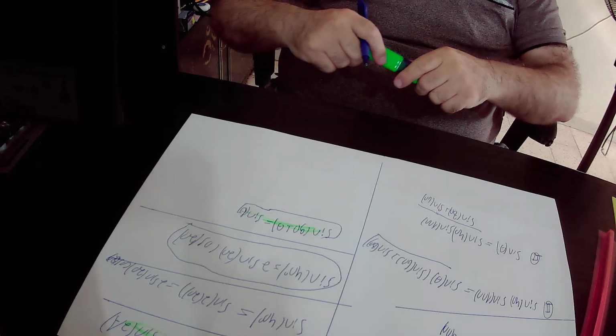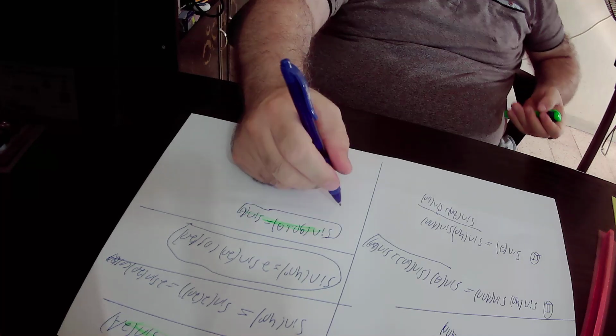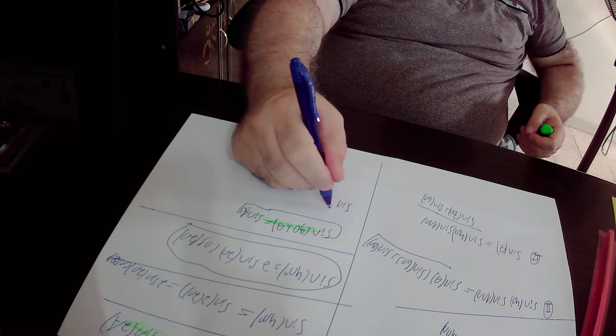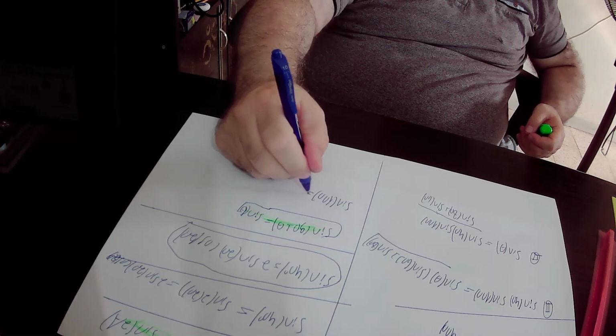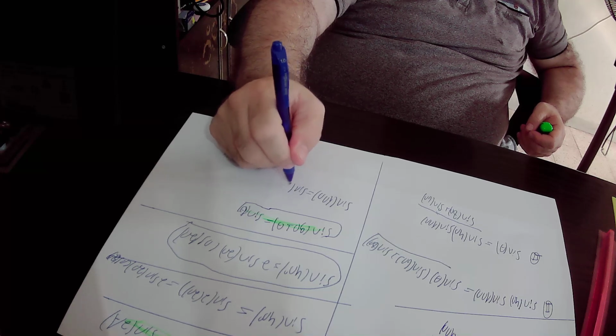We'll use this trigonometric identity for the value of sinus 100 degrees. Here, sinus 100 degrees equals sinus 90 degrees plus 10 degrees.